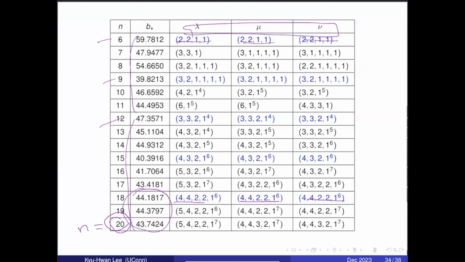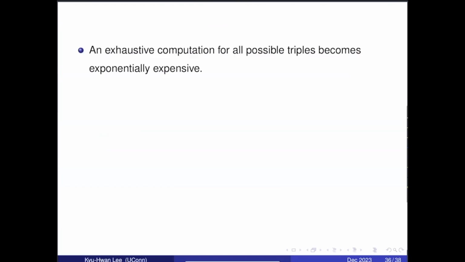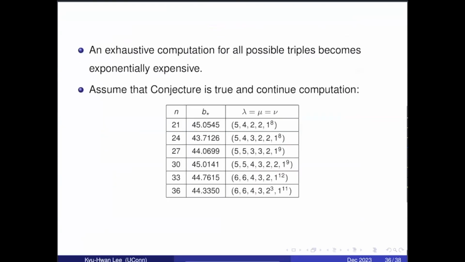And if we want to increase this n further, then it's very expensive, because when n is 20 we already had 250 million triples. So you can imagine that it becomes more and more expensive. But if we assume the conjecture, then we know that when n is a multiple of 3, all 3 partitions are the same.